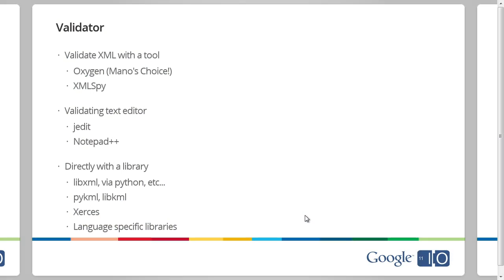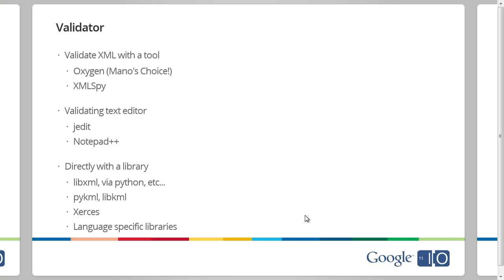And I'm particularly fond of Oxygen, which is a nice cross-platform Java-based validator. XMLSpy is something that a lot of people are fond of. JEdit is something that Sean is fond of, and of course it's actually, I believe, free.